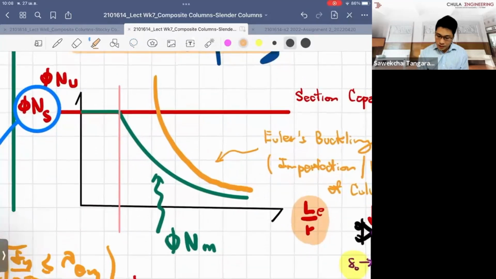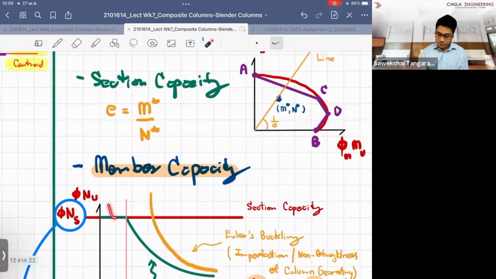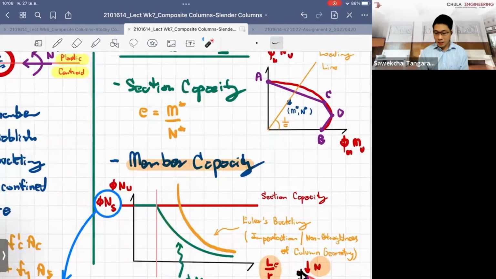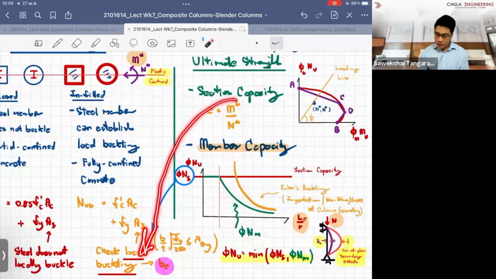If it doesn't go above the limit told here, basically we say that is good, so we can use the capacity of the squash load. When we talk about the squash load, we refer back to what is called the section capacity. When we talk about the section capacity, don't forget that you have to check whether the member is prone to local buckling or not.